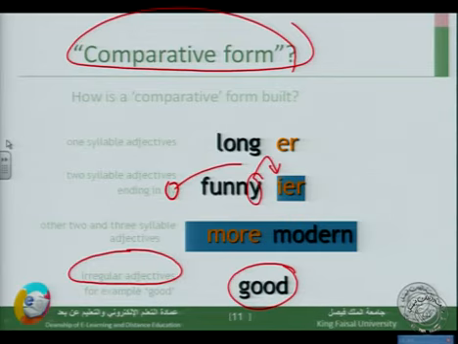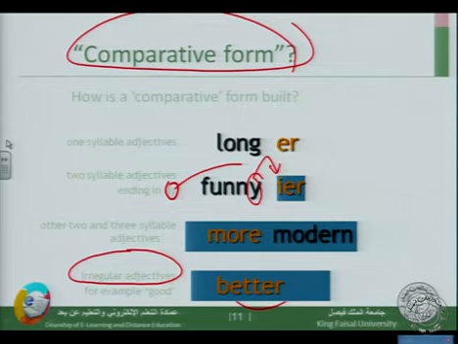At the end of this class, I'll provide you with a list of irregular adjectives. سأزودكم بقائمة من هذه الصفات الاستثنائية أو الشاذة. ولحسن الحظ, we have only a few words. So what is the comparative form of good? It is better. We say he is better than him. His grade is higher than him. Okay?